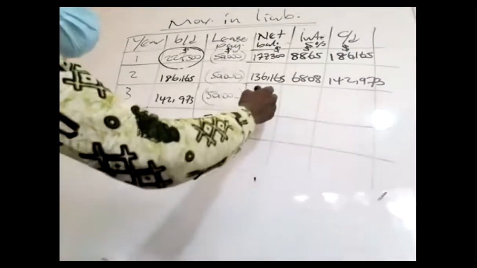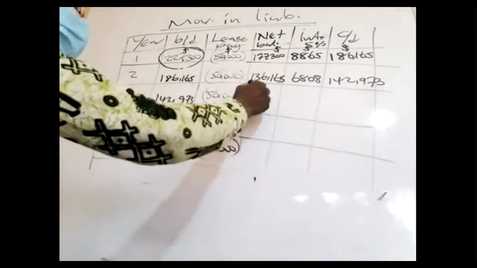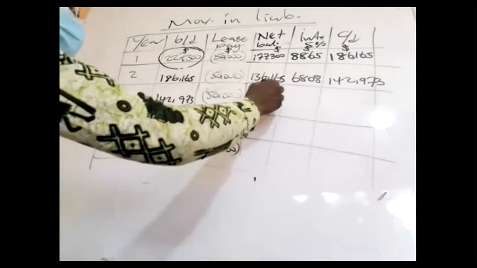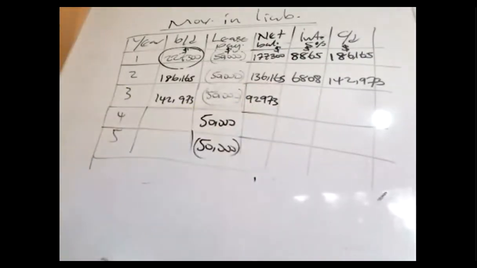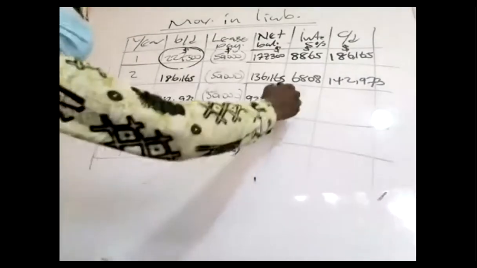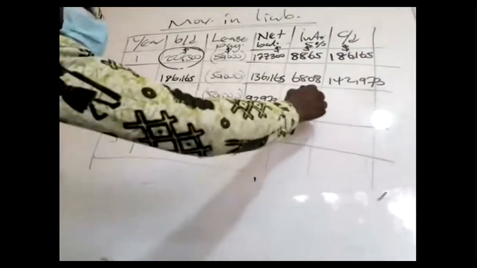142,973. You take the 50,000 out, you get 92,973. You find 5% on it. So we get 4,649.